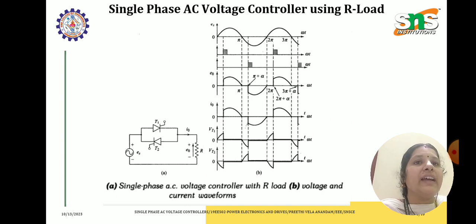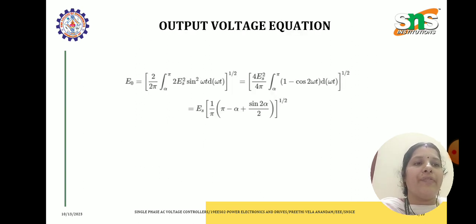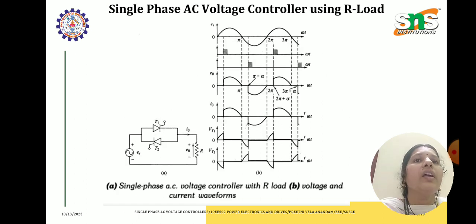Thyristors T1 and T2 are forward biased during the positive and negative half cycles respectively. During the positive half cycle, thyristor T1 is triggered at the firing angle of alpha, whereupon T1 starts conducting and the source voltage appears across the load from alpha to pi.